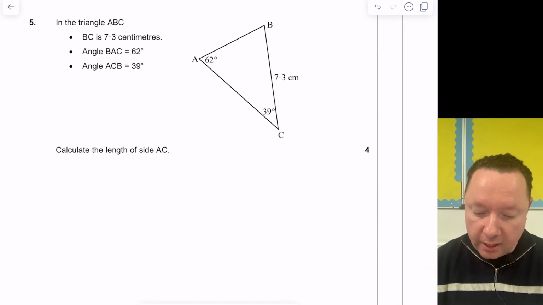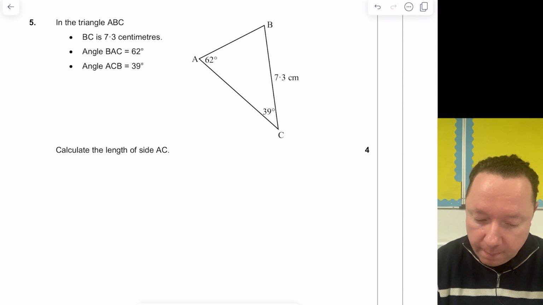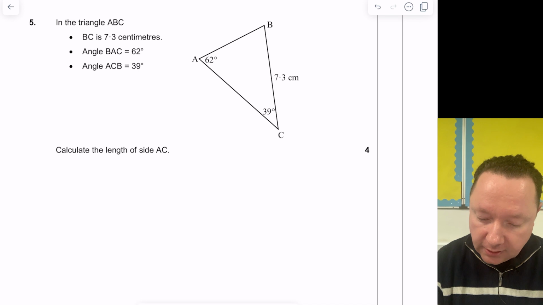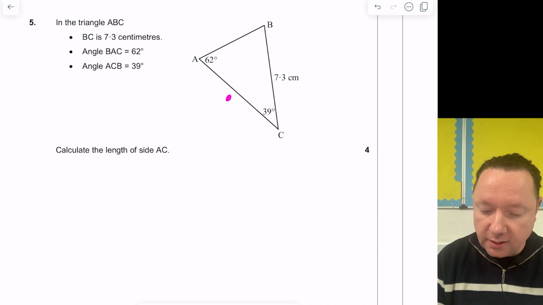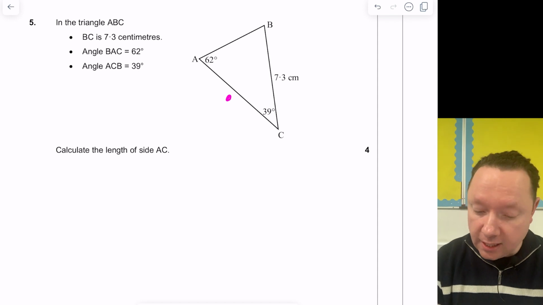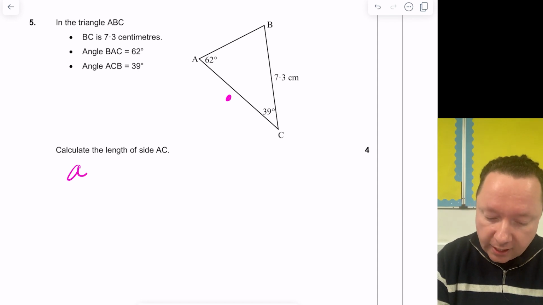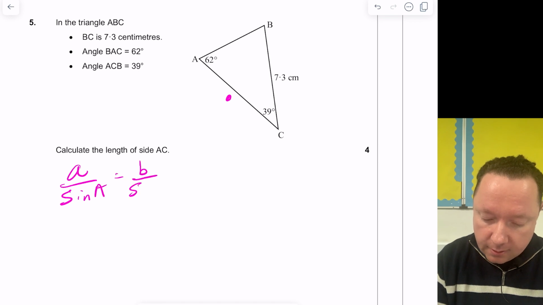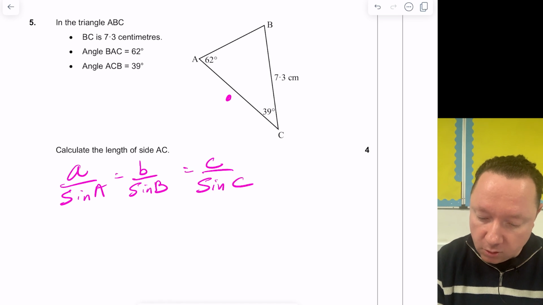Question 5, in a triangle, BC is 7.3, angle BAC is 62, then we've got 39, find the length side of AC, which is here. So this is the sine rule. So check the start of the exam paper, but it's opposites. A over sine A is B over sine B, C over sine C. But you just think about it being opposites.